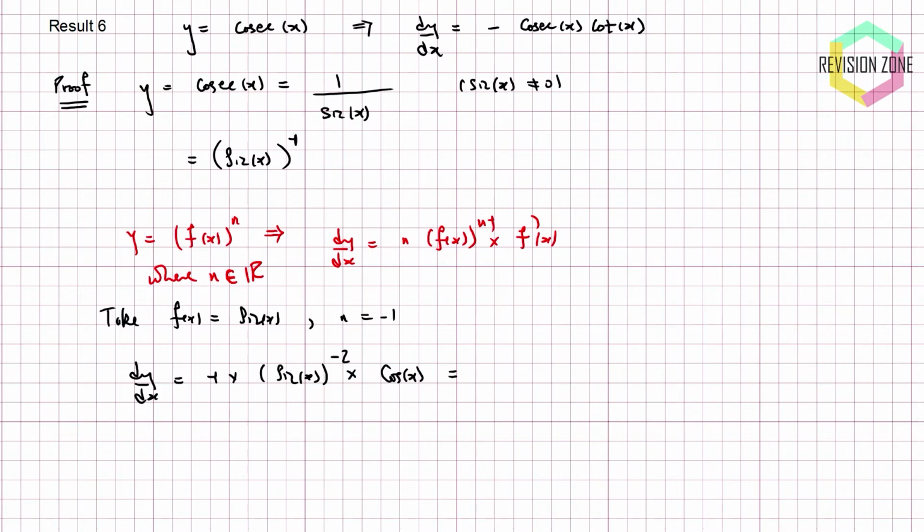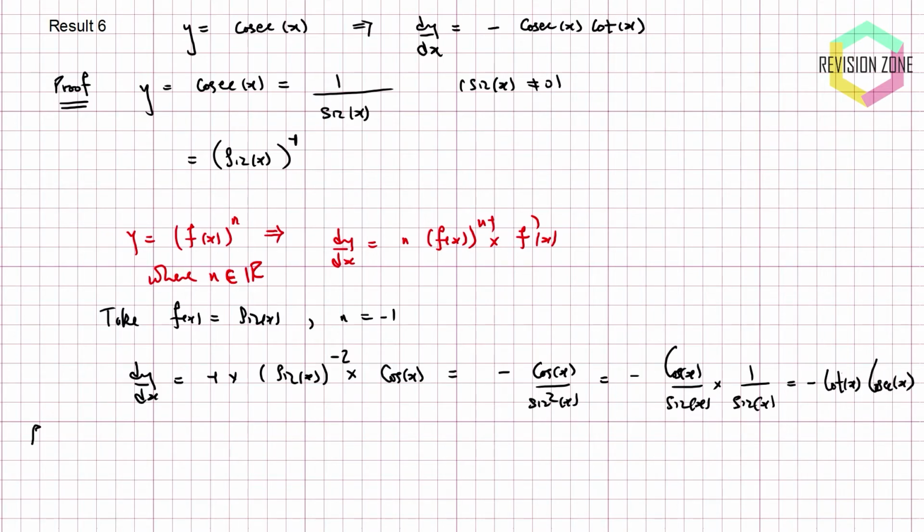We can simplify to say it's minus cos x over sine squared x, which is minus cos x over sine x times 1 over sine x, which is minus cot x cosec x.